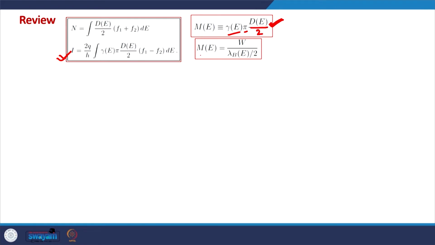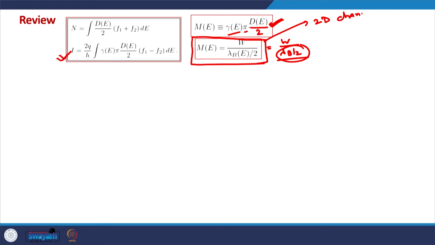This is also written as width divided by lambda b by 2, where lambda b is the de Broglie wavelength of the electrons. Modes is the number of half de Broglie wavelengths of electrons that can fit into the width of the device, and in this case it was a 2D channel device.